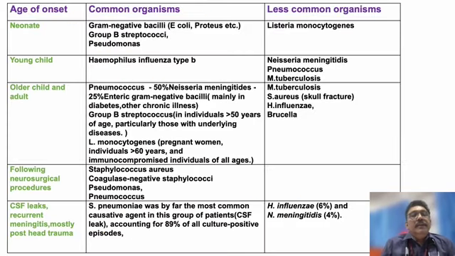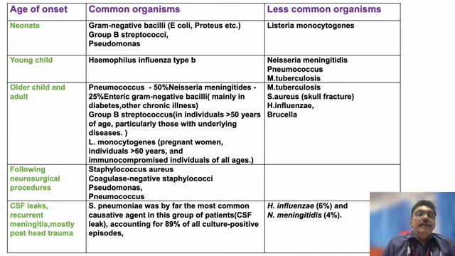Now, depending on the age, different organisms can produce meningitis. The most important is pneumococcus, and 50% of infections in adults are due to pneumococcus. Neisseria meningitidis accounts for 25%. Other gram-negative organisms can also be there.